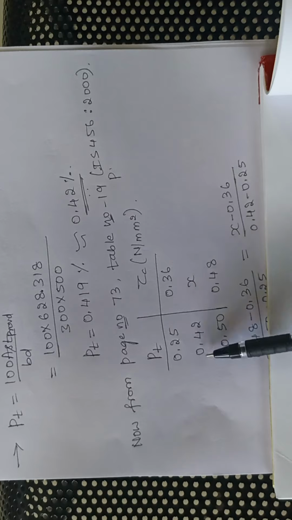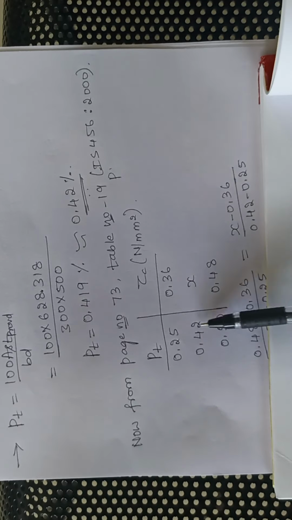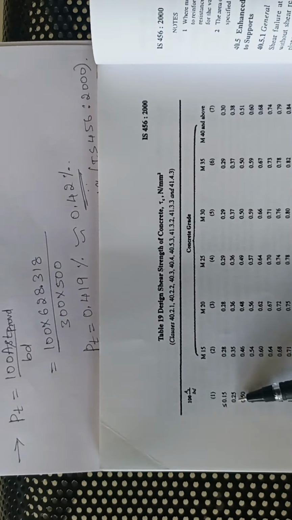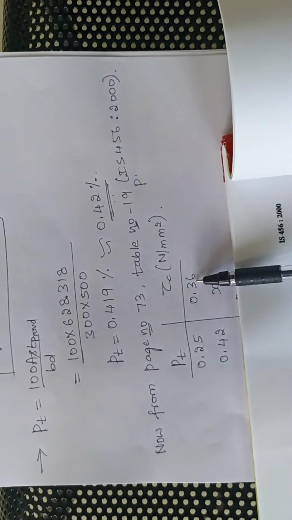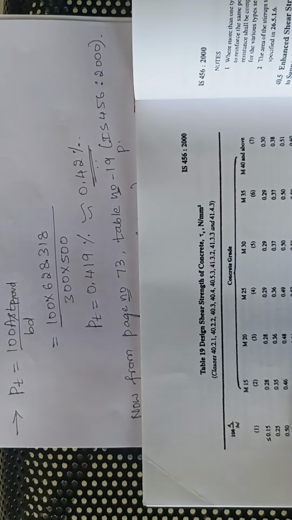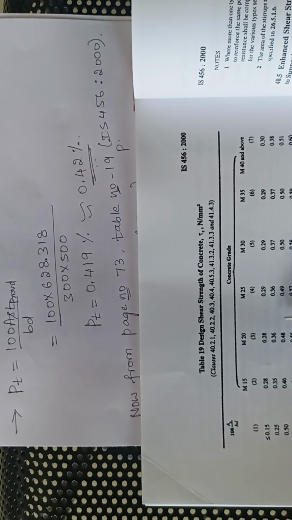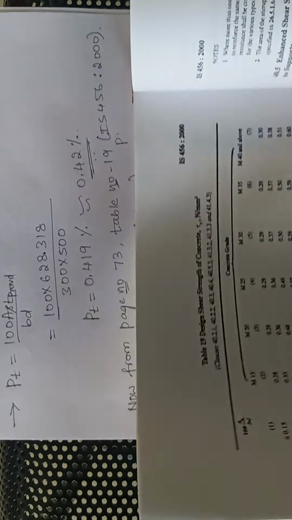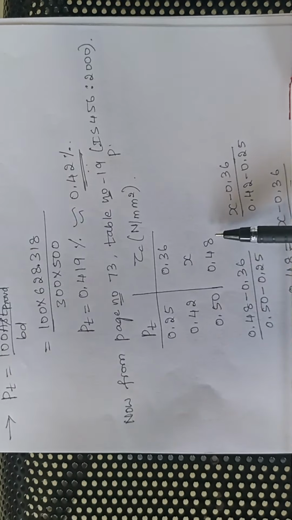In between these two values, we will get the 0.42 value. Now, the corresponding value of tau c for PT 0.25 for M20 grade concrete is 0.36. Let us write this. Then the corresponding value for percentage steel of 0.5 for 20 grade of concrete is 0.48. Let us write 0.48 in front of 0.5.